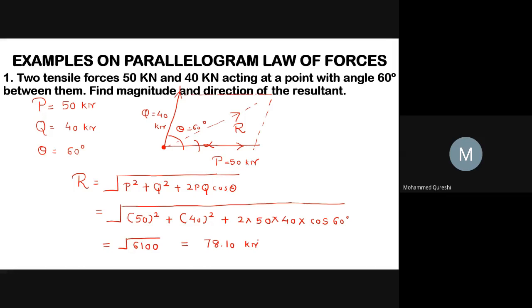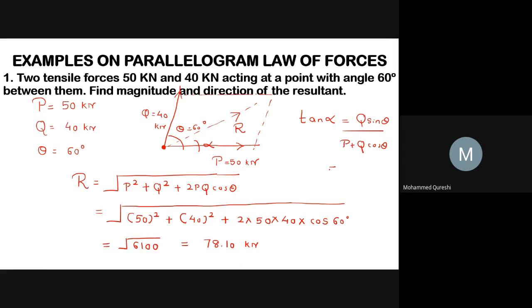Now next, what do we have to find? We have to find the direction of the resultant, meaning we have to find the value of alpha. In that case, we have the formula tan alpha equals Q sin theta upon P plus Q cos theta.